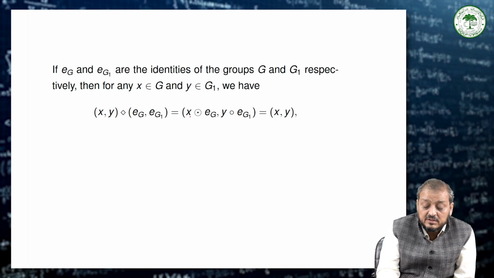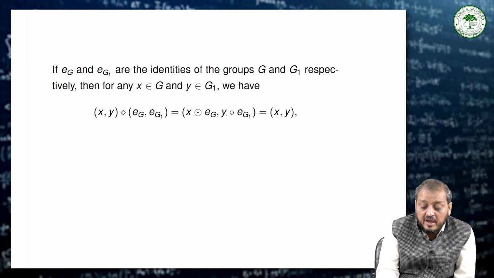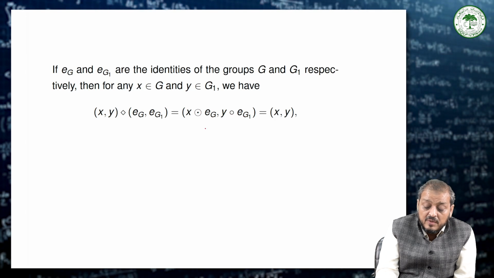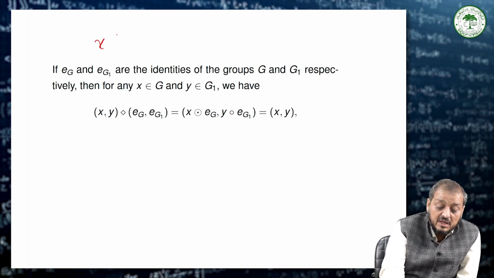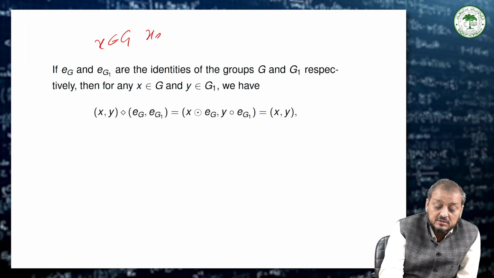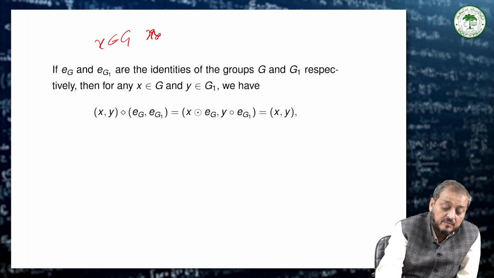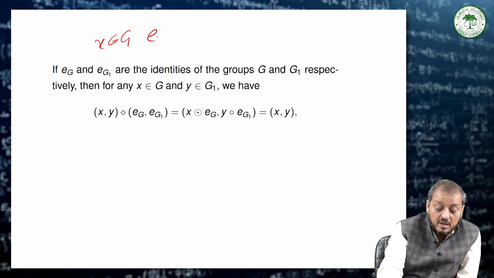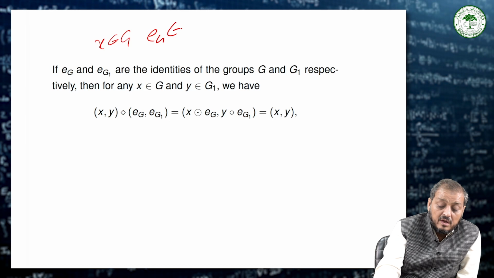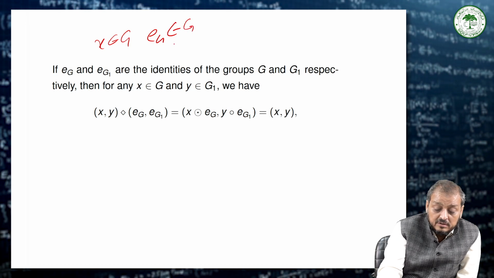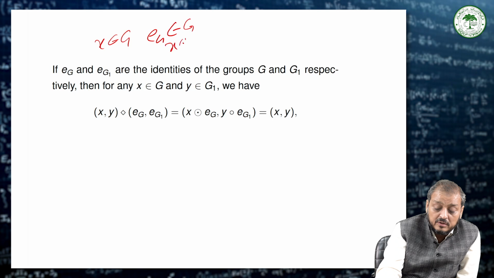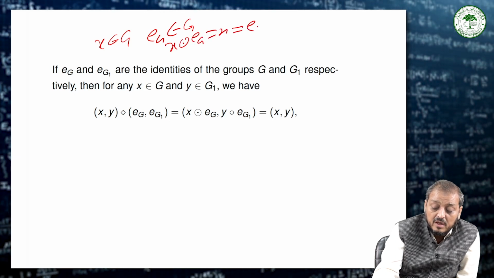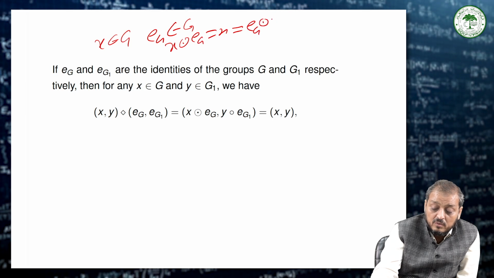Now by the definition this is x circle EG, and y circle EG1. Because x is an element of G and EG is the identity element of G, this means x binary operation EG is equal to x, and EG then x is also equal to x.